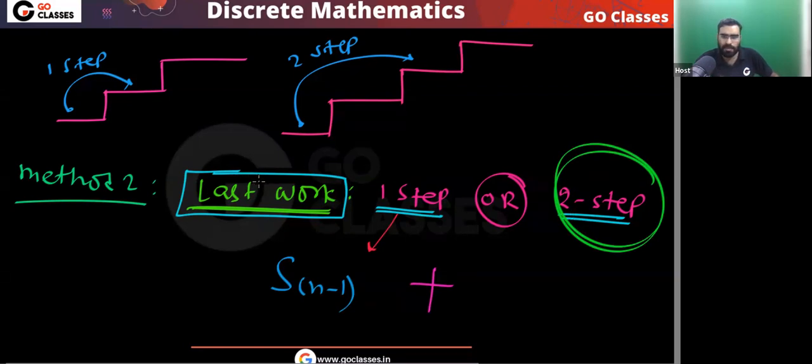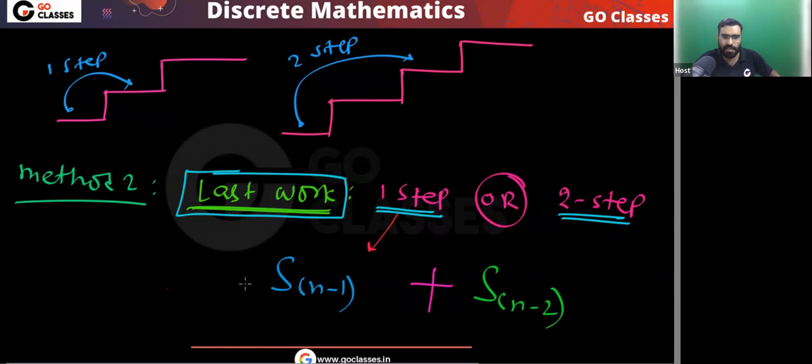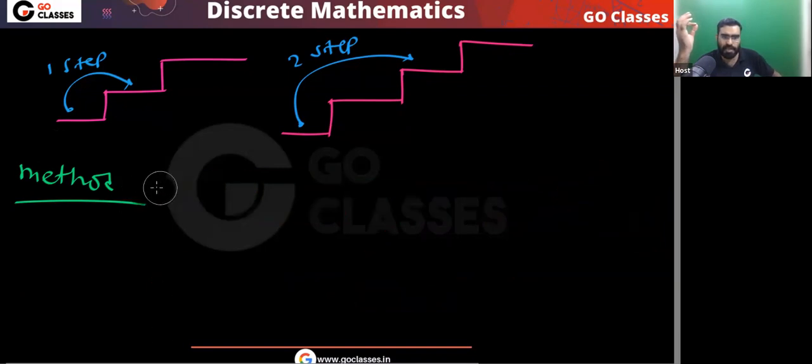That is Sn minus 2, that is n minus 2, right? So I can simply say that your recurrence relation will be like this. Did you understand both the methods? Very simple point. There are 2 methods for writing the recurrence relation. Method number 1 is like this: you do the first work.